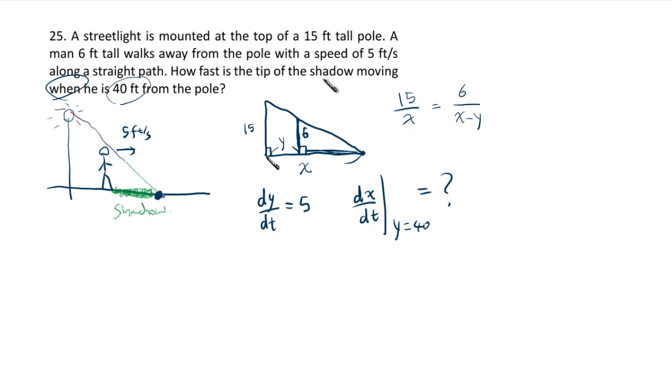Some questions have shadow lengths. Some people want just the speed of the tip of the shadow. Some people also want the rate of the shadow increasing and the tip of the shadow, both of them. So there are many variants, and I would encourage you to look for other similar problems and see how they are solved, because it really helps if you see this many times.